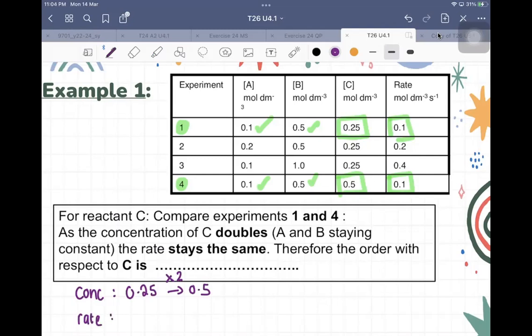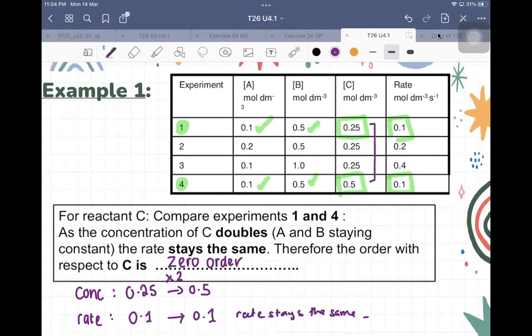Rate goes from 0.1 to 0.1. So rate stays the same. Because increasing concentration does not have any effect on the rate, this implies that C is 0 order.